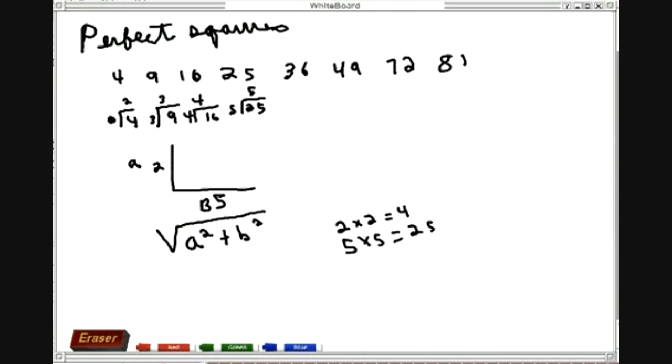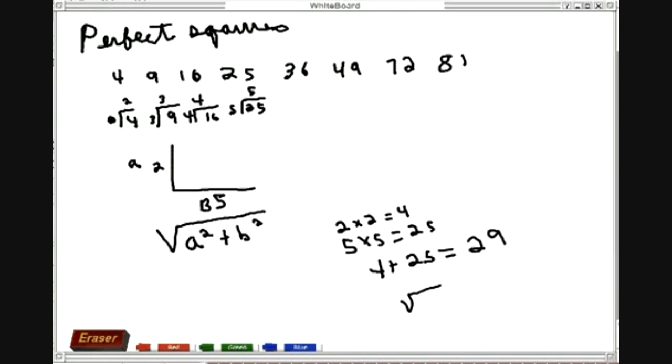So now we add these two together, 4 plus 25 gives you 29. Now here's where the issue comes out. With a calculator, it's not a problem, but doing it the long way is a little bit more abstract. So what we have now is we have to find the square root of 29.